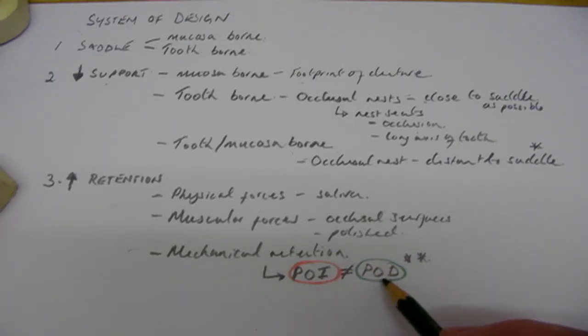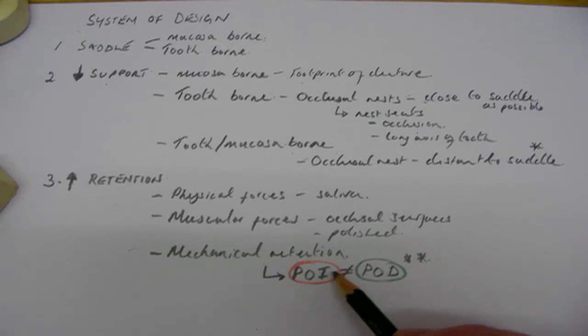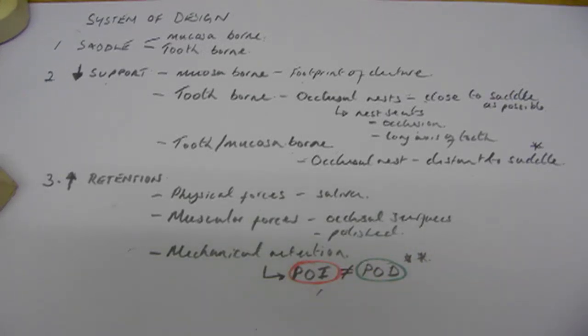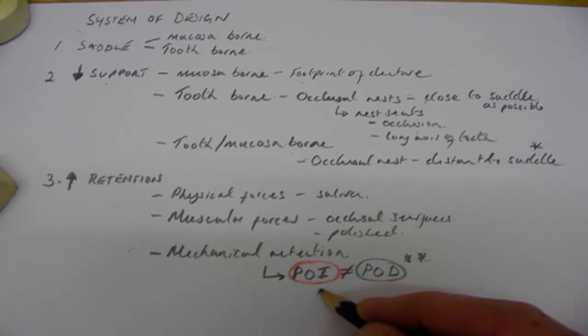A lot of dentures are made with the path of insertion equaling the path of displacement, so the undercuts are identified and blocked out.